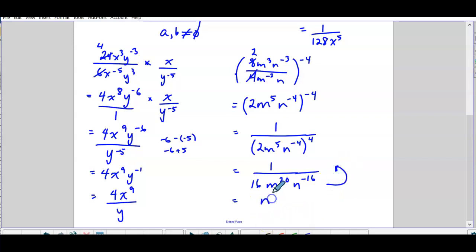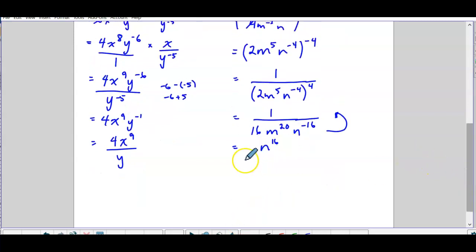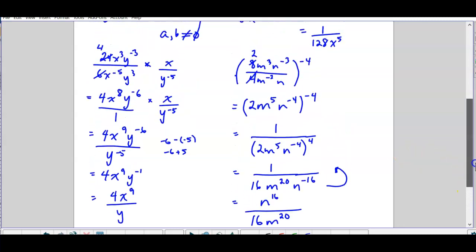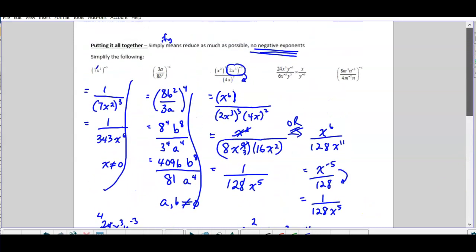So that's going to be n to the positive 16. But the 16m to the 20 stays in the denominator. Okay. So again, you could have done it slightly different ways, but you should all end up with the same answer. And that's it.